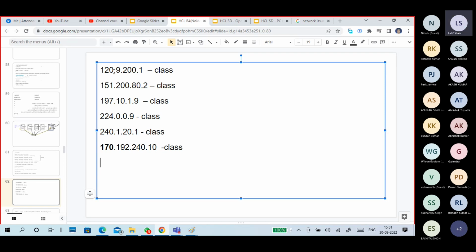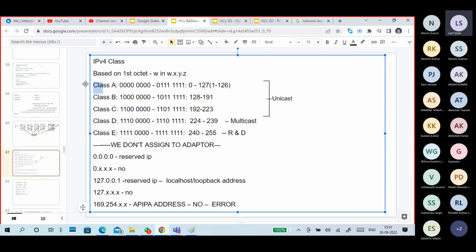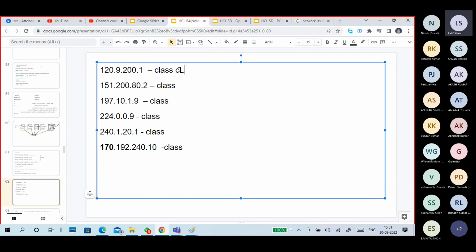First one, if you take 120, is it in between this range or not? So it is class A. Now what is 151.200.80.2? Check the first octet, 151.